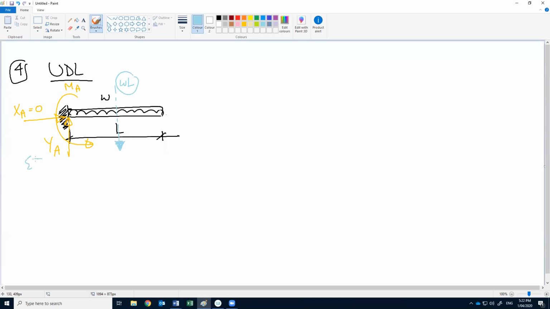If we apply summation Fy equal to 0, YA should be equal to WL, right? So this will be WL. If we apply summation of moment at A equal to 0, what causes moment at A?